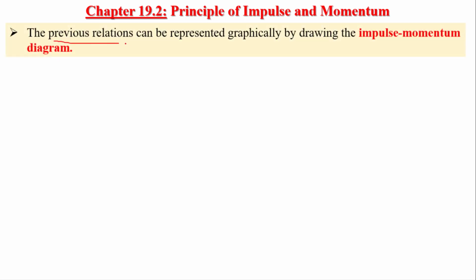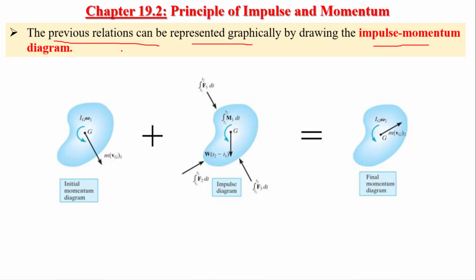The previous relations can be represented graphically by drawing the impulse momentum diagram. So here is the impulse momentum diagram. As I told you before, we have this force in x, y direction. This is bold. Okay, again, this force can be transferred to x, y.